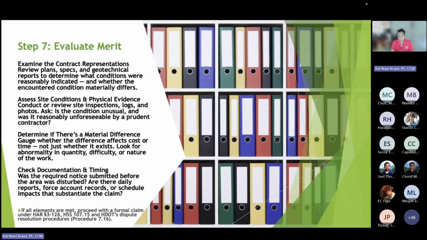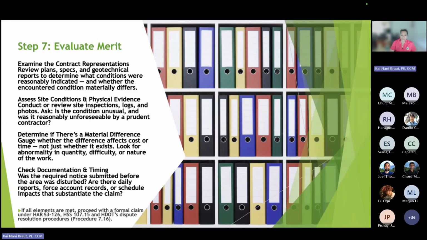So examining the contract representation, reviewing the plans, specs, and geotech reports to determine whether the condition was reasonably indicated and whether the encountered condition materially differed from what was in those documents. Was it a lot different? Material, a lot different. Assess the site conditions and the physical evidence.